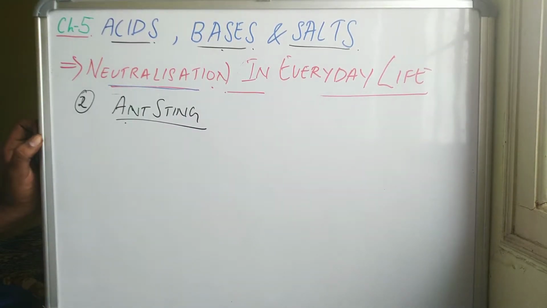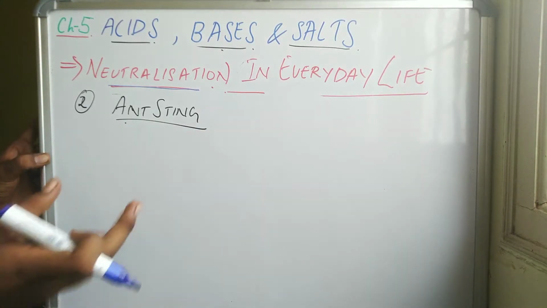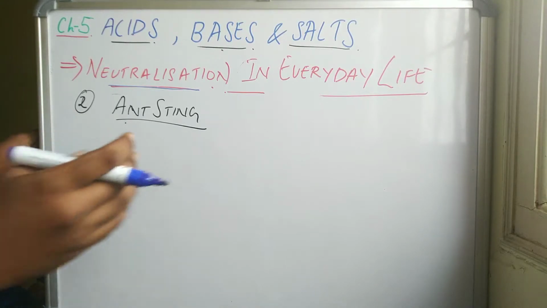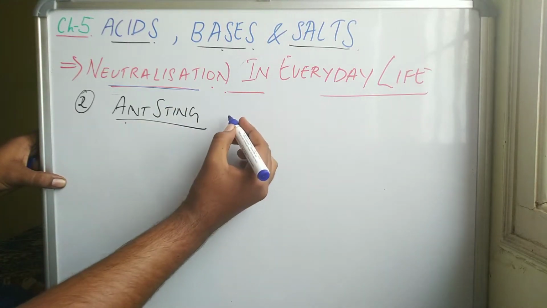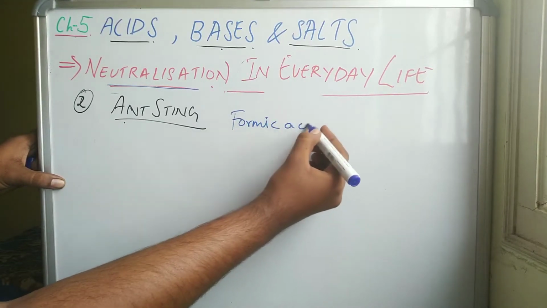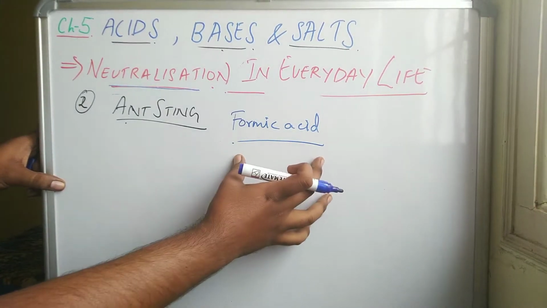So moving on to the second application, that is ant sting. Basically, when the ant bites, it releases an acid called formic acid. Right?